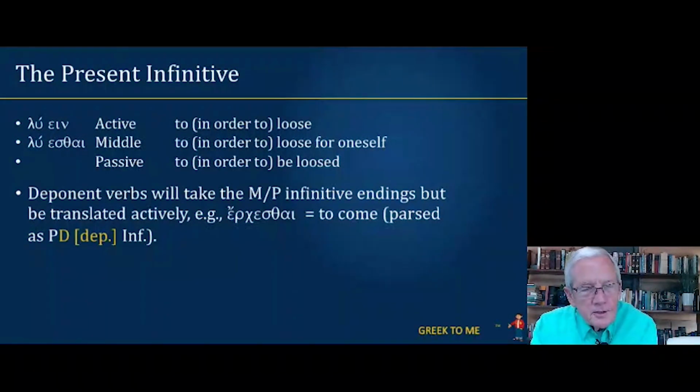Now when we get to deponent verbs, they will take the middle passive endings, but they're going to be translated actively, just same principle. Thus we have erchesthai. Now notice the ending, esthai. It has a middle passive ending, but how's it translated actively? So it's parsed as a PDINF, present deponent infinitive.